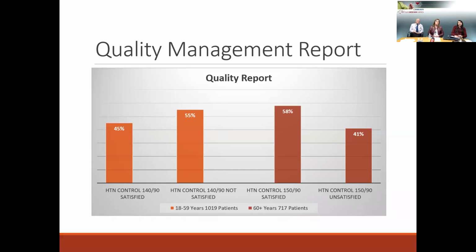So those patients' blood pressure is below 140/90, and then you can see there's 55% of those patients that are uncontrolled, and that's with the 1,019 patients. Then for our 60 plus years, we had 717 patients, 58% of the control rate of the 150/90 satisfied, and then you can see there's 41% that are unsatisfied. So this is just a great picture to see that we can really improve our current practices and what we're doing.